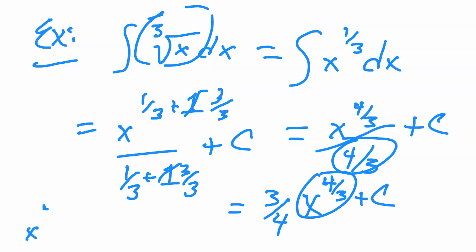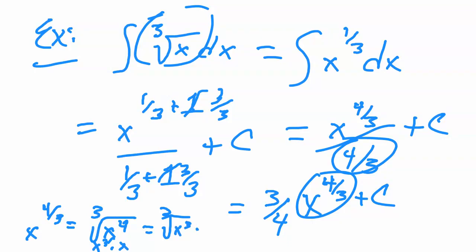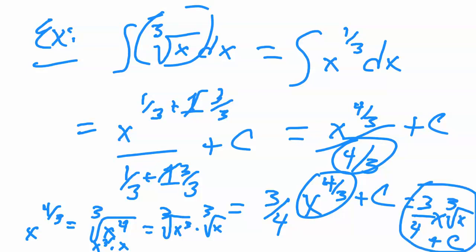So they might write x to the 4/3 as the cubed root of x to the 4th. And of course, the cubed root of x to the 4th is like x cubed times x. So it's the cubed root of x cubed times the cubed root of x. And of course, the cubed root of x cubed is just x. So what you might see is 3/4 x times the cubed root of x, and then plus c. So they might write it like that, but ultimately it's 3/4 x to the 4/3 plus c.